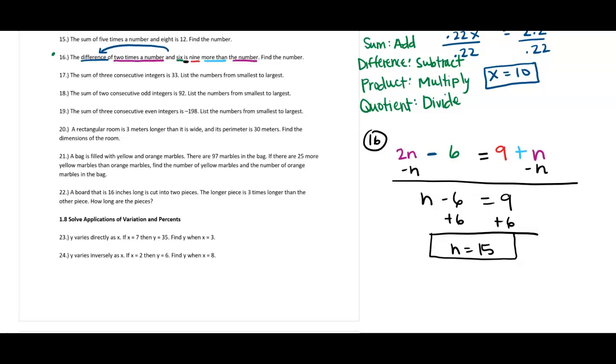Okay, what about some of these other ones? Do we want to practice one that has two consecutive odd integers or even integers, or a rectangular room, or one of the marble ones, or a board is cut into two pieces? Which one of those types of word problems would you like to look at?